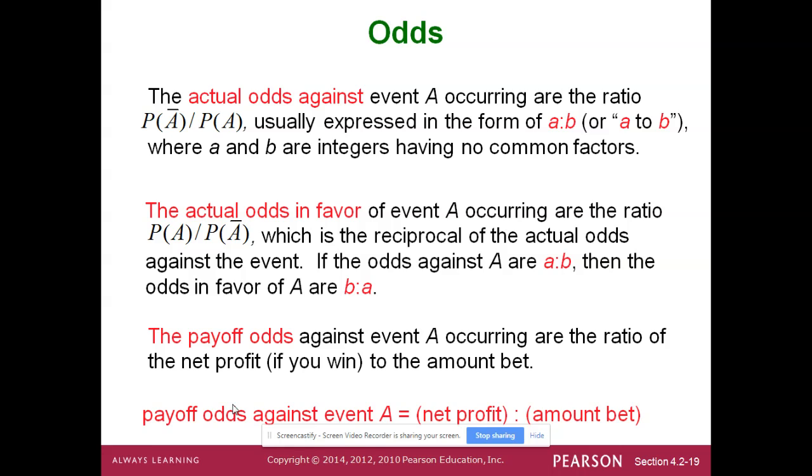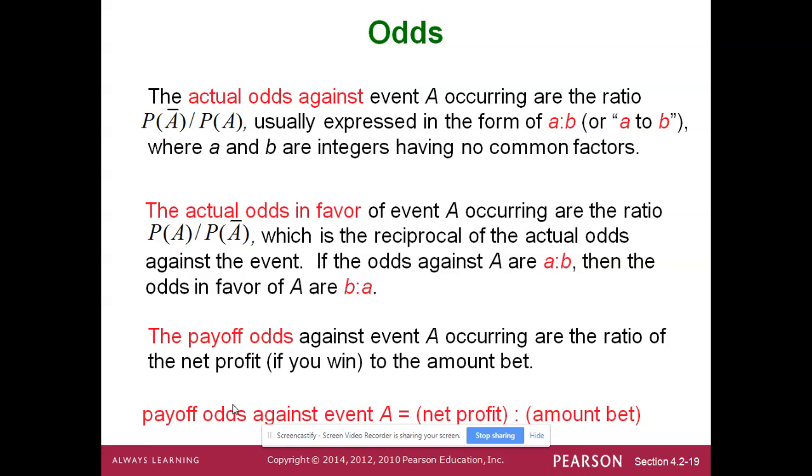Payoff odds. This is an odd thing. It's for betting purposes. So increase your probability of doing well outside of school. Start betting on things and all that extra money you got when you go to college. Payoff odds against an event occurring is the ratio of the net profit if you win to the amount bet.